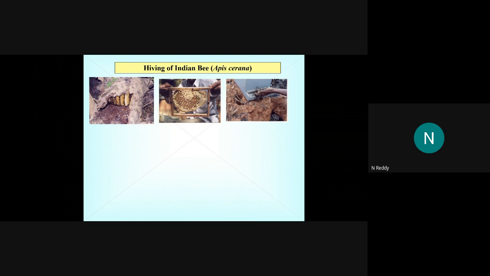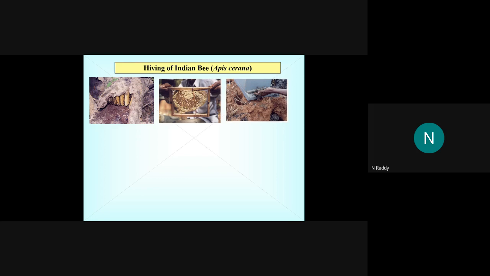Our clothes must also be very clean. And our movement must not be very swift, so that the bees may not think that somebody is attacking them and sting. Our movement must be very, very slow during these operations.